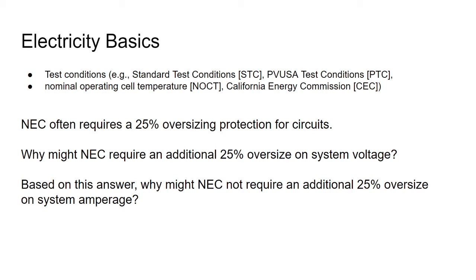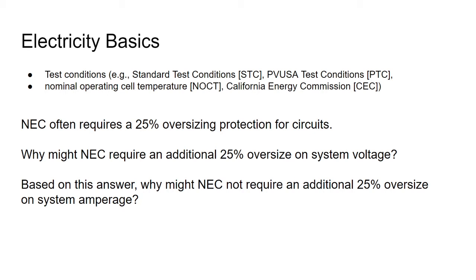National Electric Code will say, absent anything else, absent the use of module level panel electronics that are basically overcurrent regulators that you're already putting in line. If you're doing all this other stuff, then you use the standard oversize of 25%.